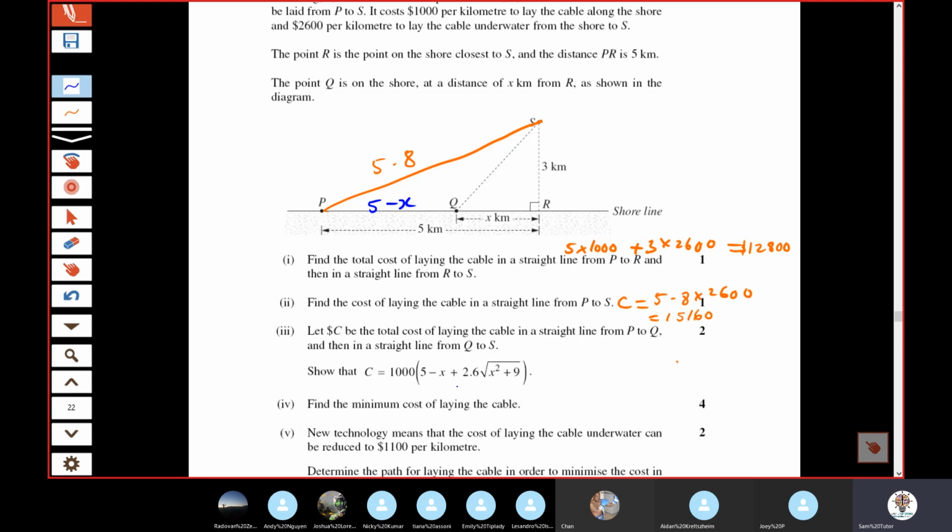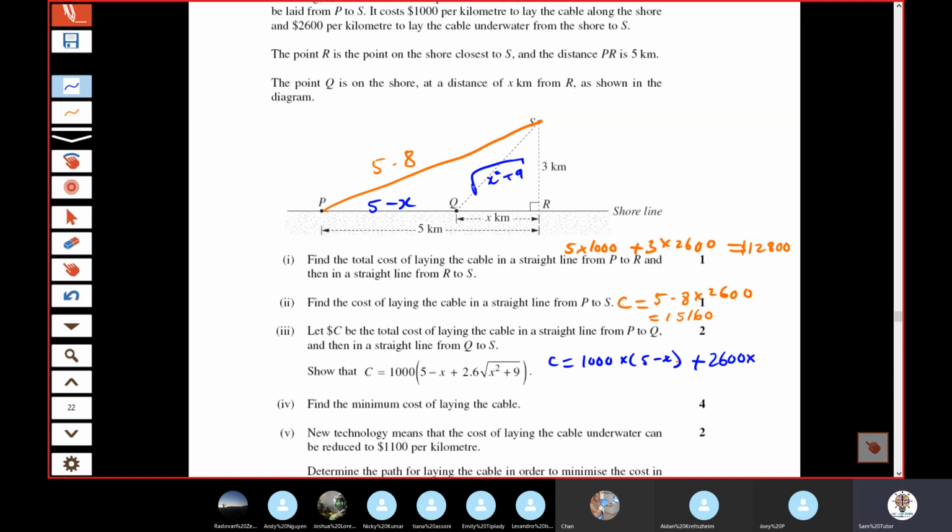Beautiful. And then, what do you think the answer to Q to S is, miraculously, without even doing any math? Square root of x squared plus 9. Without even doing any math, I know it's that because 2.6 is the 2,600 business. They took out 1,000. You're done. So cost equals 1,000 times (5 take away x), 1,000 times PQ on land, plus 2,600 times the Pythagoras.